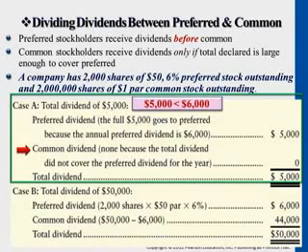To calculate the total amount of dividends that preferred shareholders are entitled to get, that will be 2,000 shares times the face value of each share times the rate of dividends. Altogether, this will give you the dollar amount, $6,000.